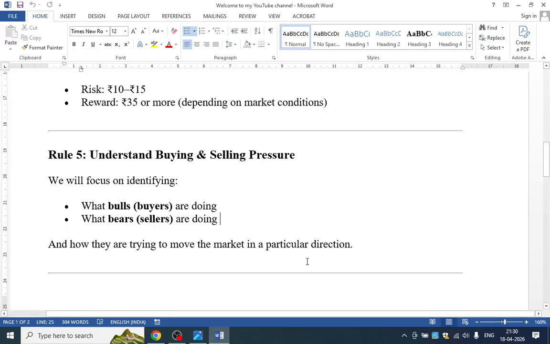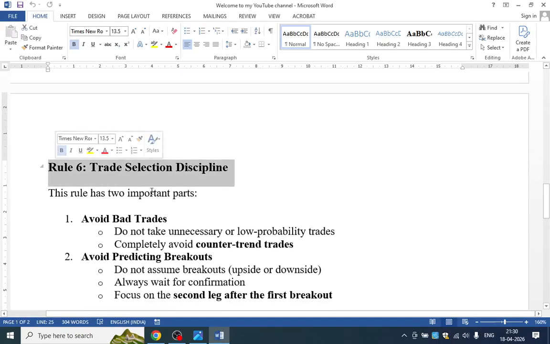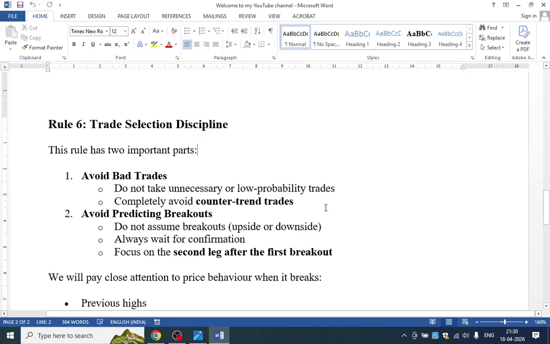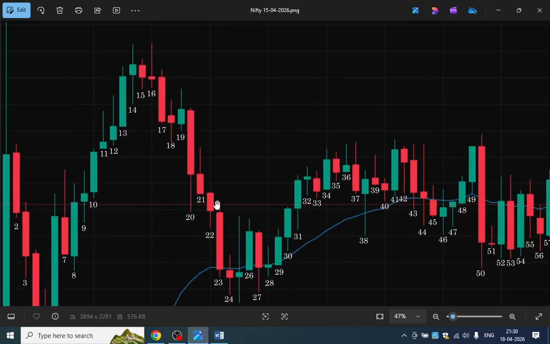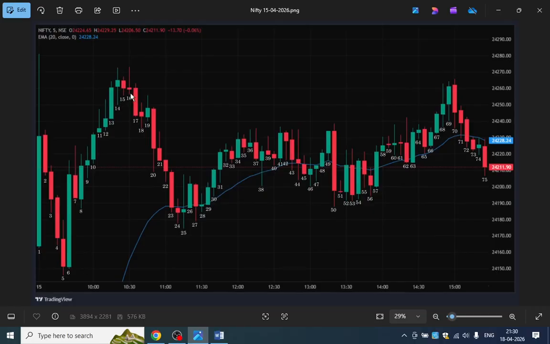Now this is my trade selection, and sometimes I do not follow it. On this day also I took bad trades, though I completely avoided counter trends. We should never ever trade counter trends. If this is a big move and this is going to be a counter trend, we should never go for selling at this point.